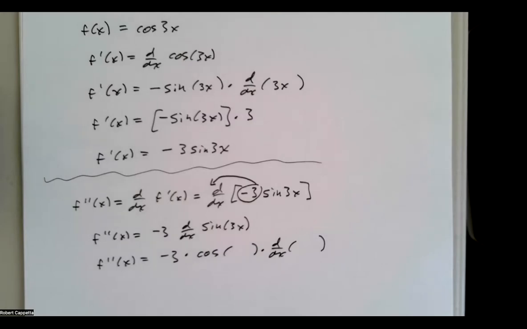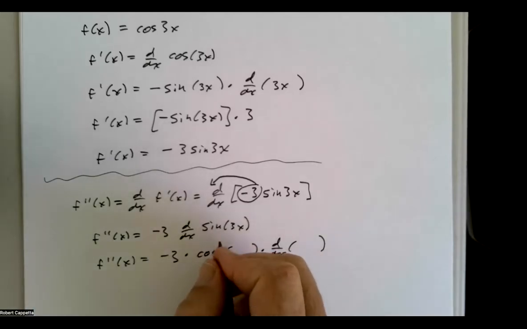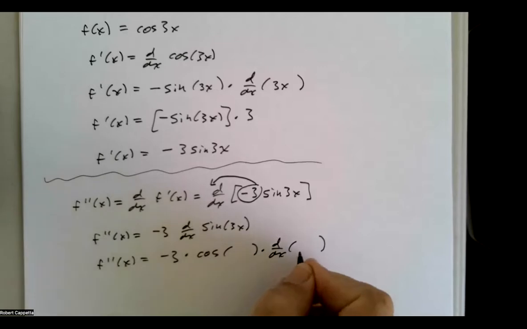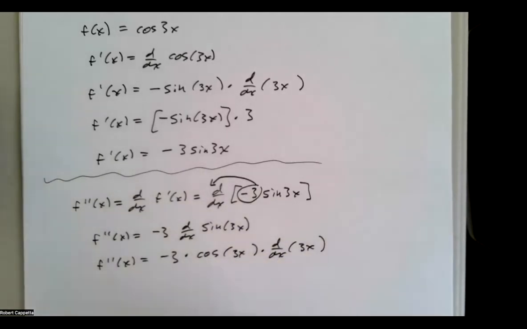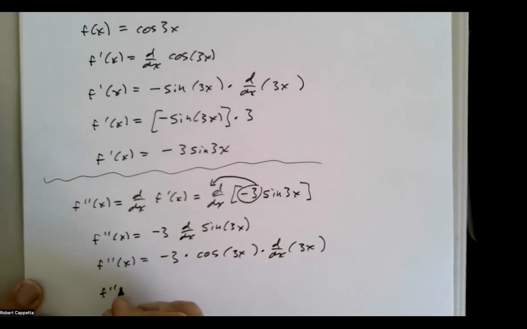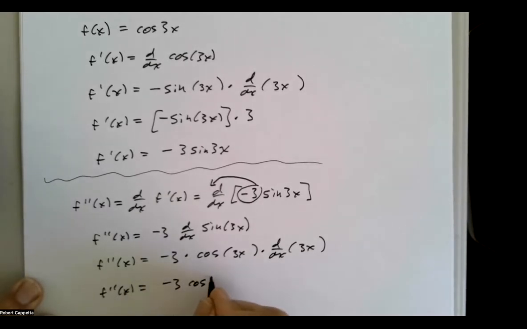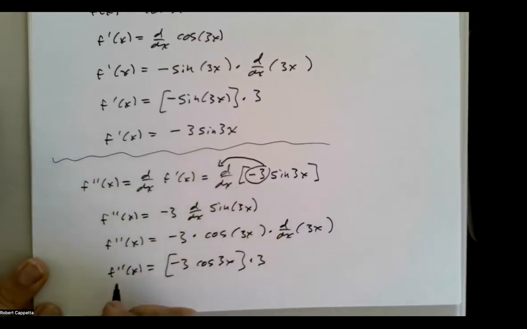And what is my something here? My something is 3x. So we'll replace this: derivative of sine of something is cos of something, times the derivative of the something, cos 3x times the derivative of 3x. And where does that leave me? Then I have f double prime of x is negative 3 cos 3x times what? Times 3. And then what do we finish with?